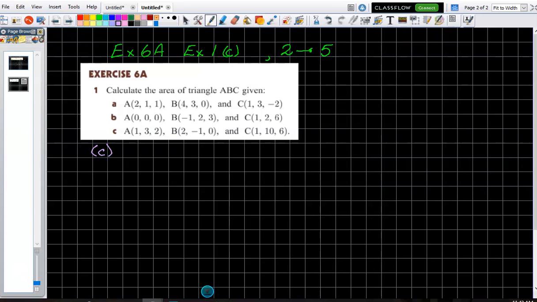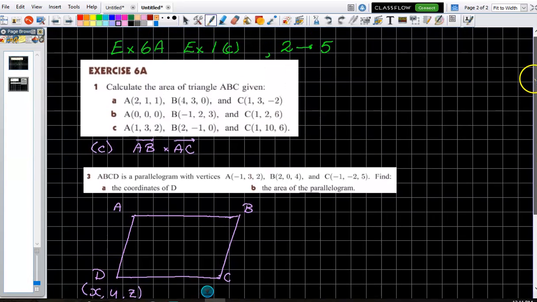Sorry, I have no heat because my aircon is fritzed. Right, yes, by hand and by technology. So you could have done BA, BC or CA, CB, but inward, out. Those are the questions we're doing.